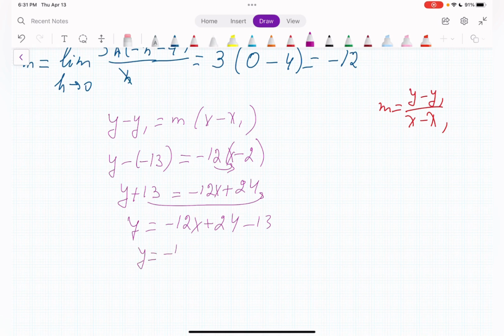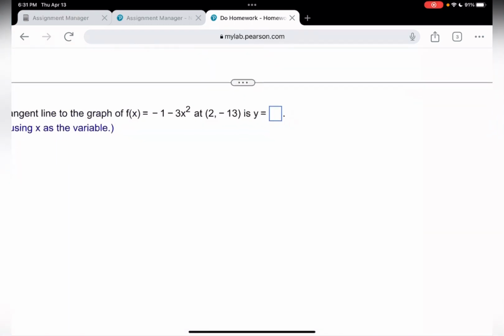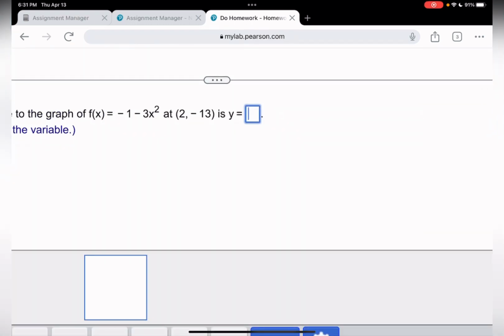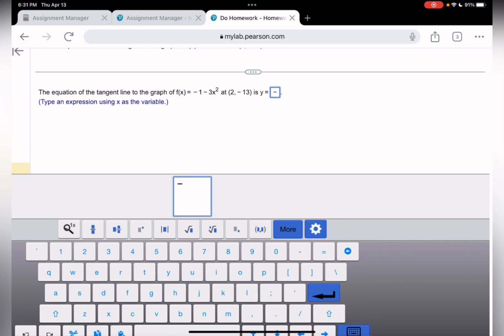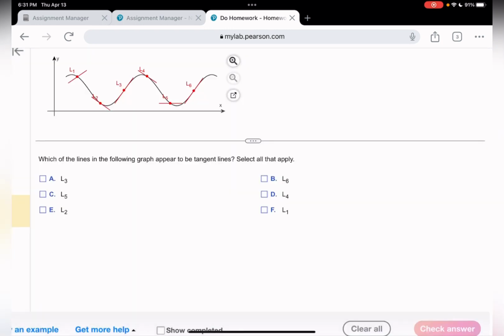Y is equal to negative 12x plus 11. Excellent job. Moving to next question, number 5.